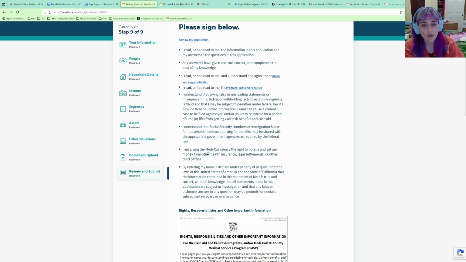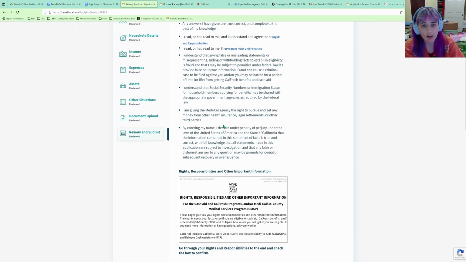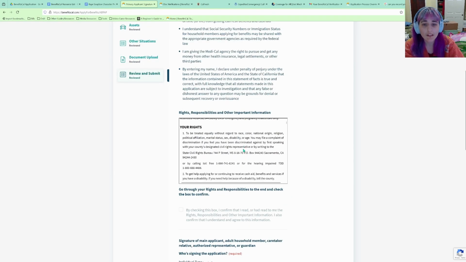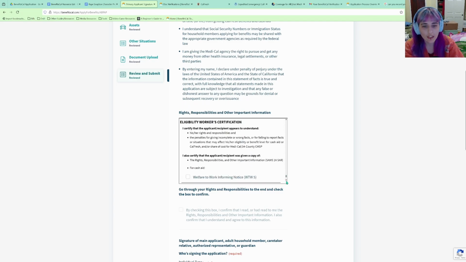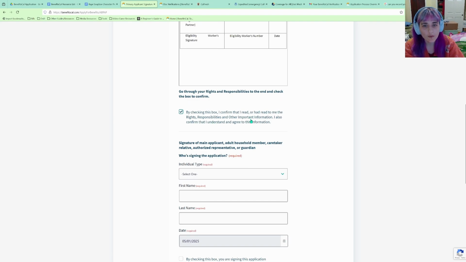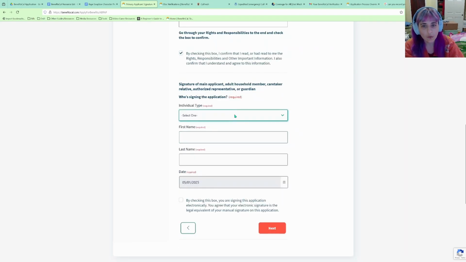And if applicable, you're giving the Medi-Cal agency the right to pursue and get any money from other health insurance, legal settlements, or third parties. Then you would read your rights, responsibilities, and other information. You do have to get to the bottom, I believe, to have this box checkable, and this is just that you confirm that you read everything. Then you would select your individual type.